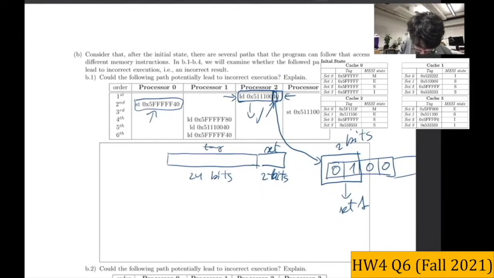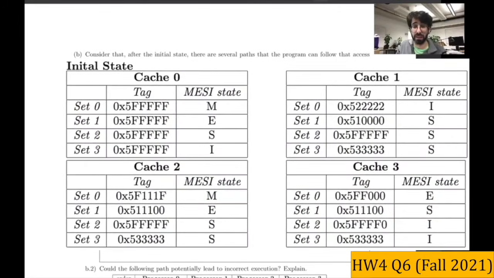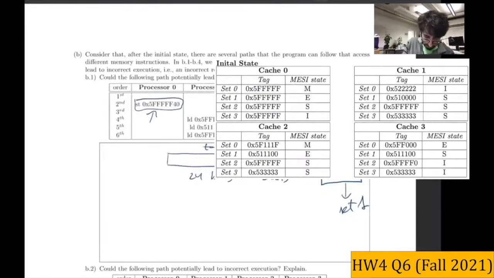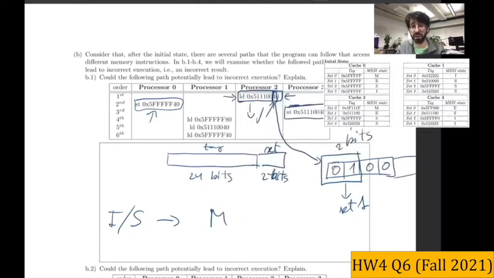Then the next instruction is this one in processor 3, that is again the line that was affected by the cosmic ray. And at this point, we store in this line, right? That, remember, initially could be in shared or in invalid state. But because we are writing in it, basically we are changing the state from shared or invalid to modified. And we are writing the data. So there is no inconsistency there.